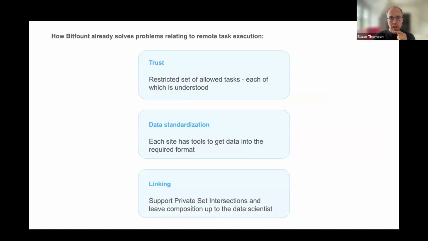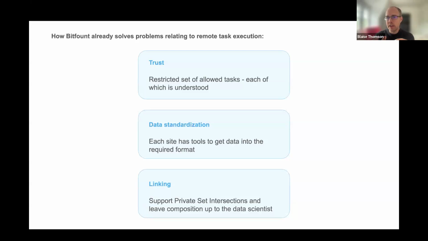Okay, so going back to our kind of list of problems, I think we're solving a few of the key issues. So on the trust side, we have this restricted set of allowed tasks, each of which I think is kind of relatively understood by the clinicians or by whoever's in charge of the governance.